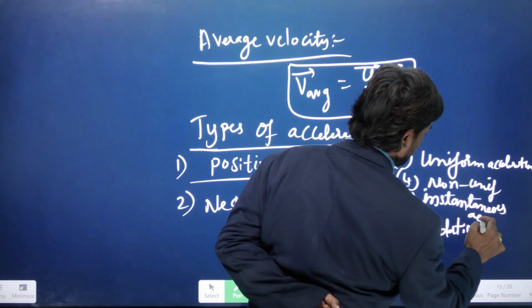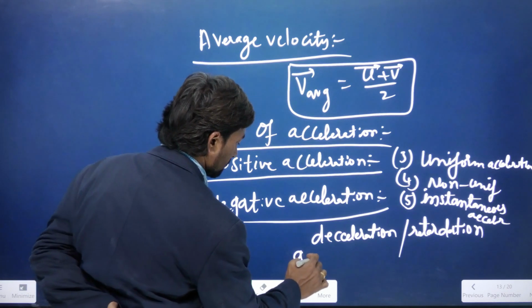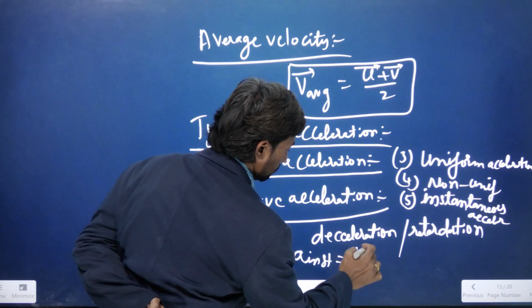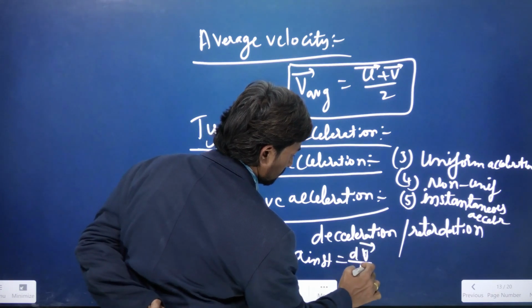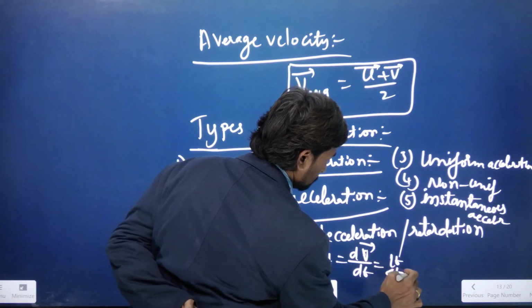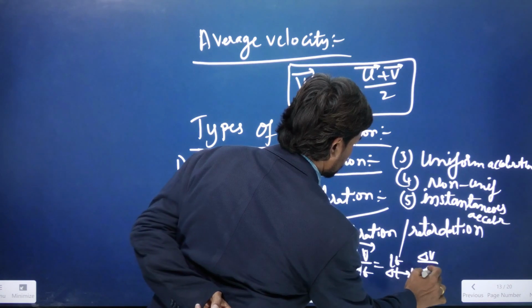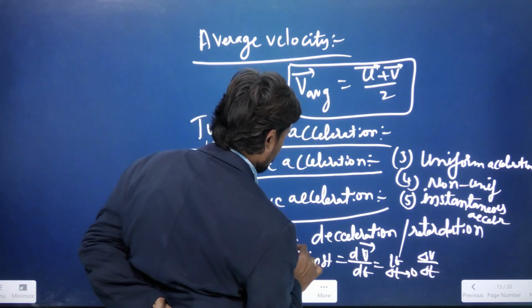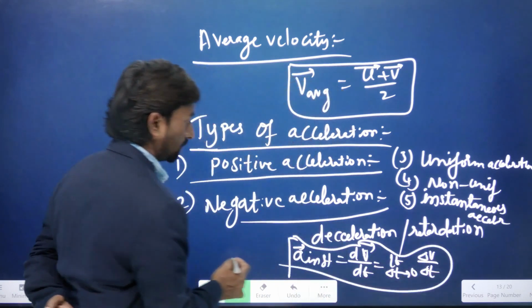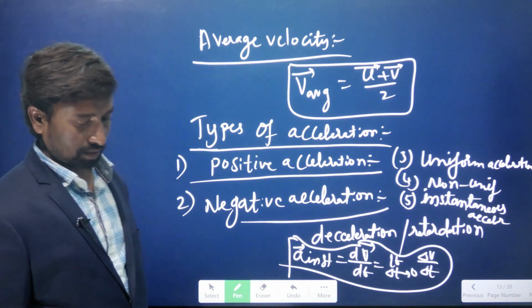The instantaneous acceleration formula can be given by a_inst equals dv by dt, or we can write limit delta t tends to 0 of delta v by delta t, which is dv by dt. This is the expression for the instantaneous acceleration. These are the different types of accelerations.